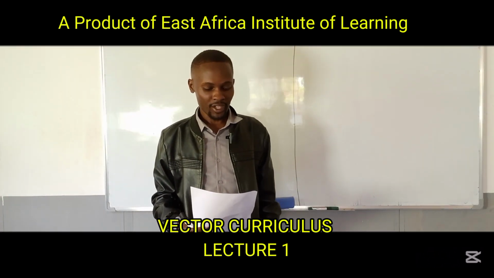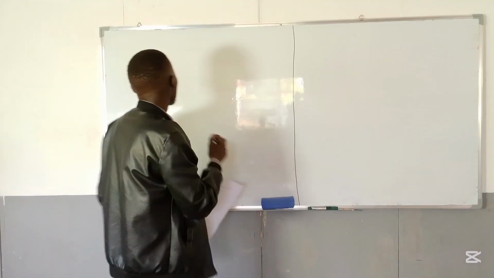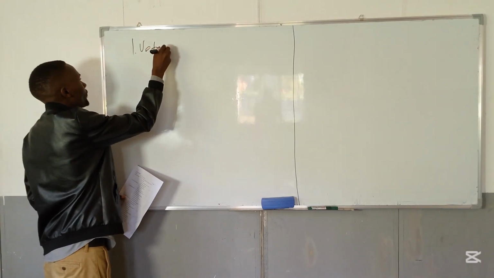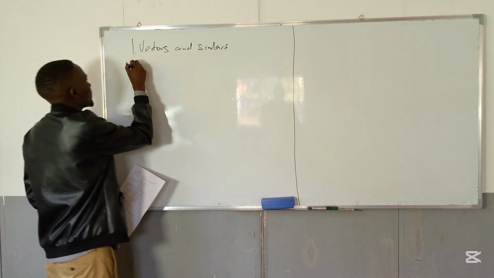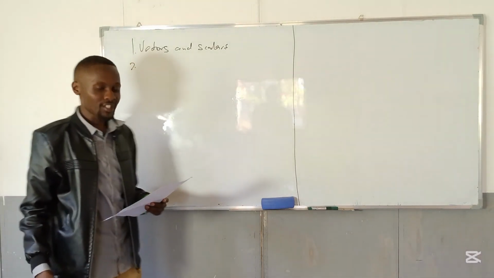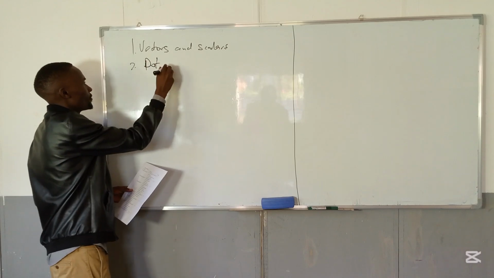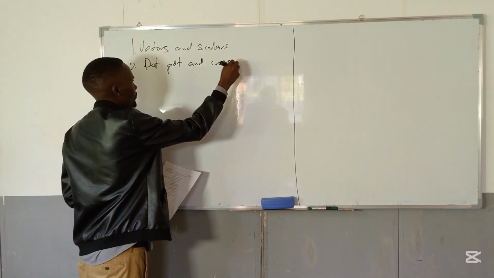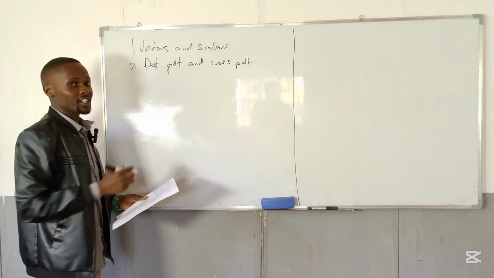So I hope that you have the course outline, whereby we're having vectors and scalars as the first part. Then we have the second topic as the dot product and cross product. The third topic is vector differentiation.